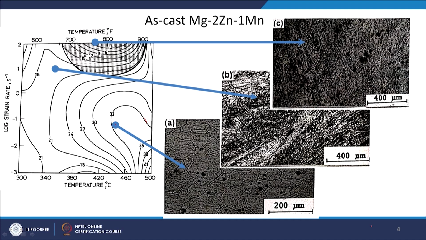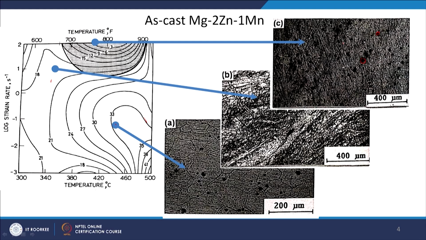So, you can see a nice wrought microstructure, whereas at a higher strain rate and lower temperatures you can start seeing some flow localizations here. And in the unstable region you can see maybe some kind of void formation here, some of these dark regions.